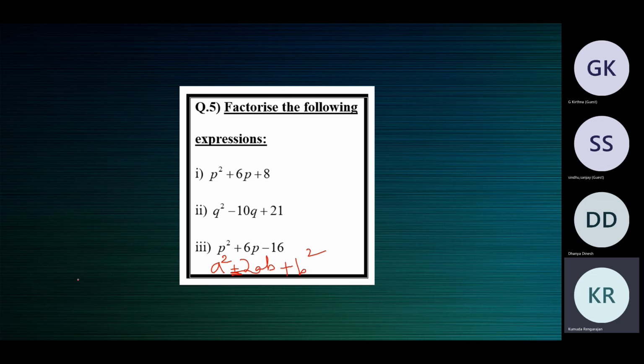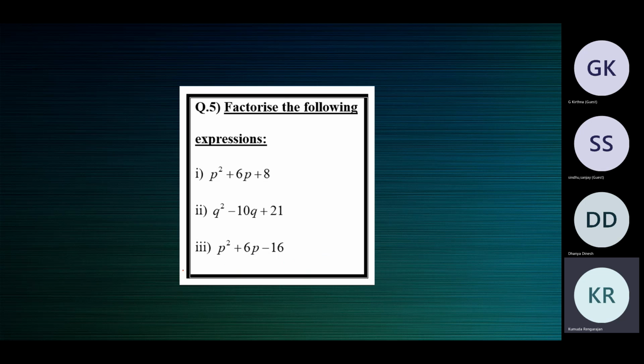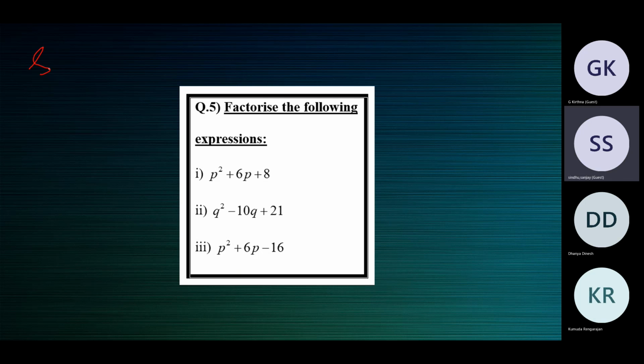Let's do this one. Have you understood that you cannot use the identity here, because there is minus 16? In the identity it is plus b square, but here it is minus 4 square. The signs do not match, so you cannot use the identity. Okay, so then what is the sum? 6, ma'am.